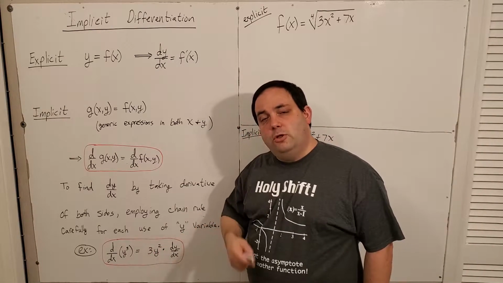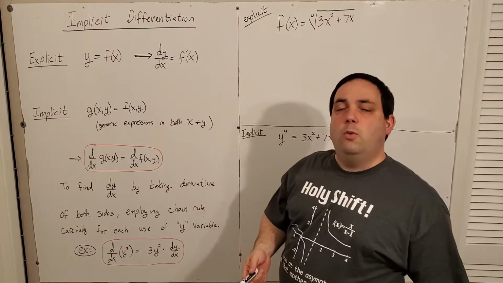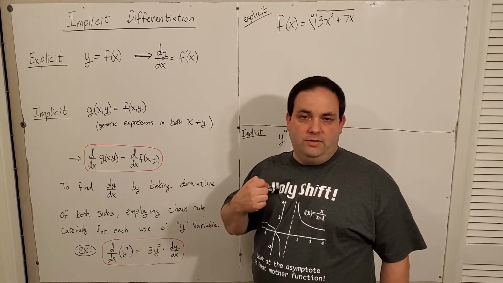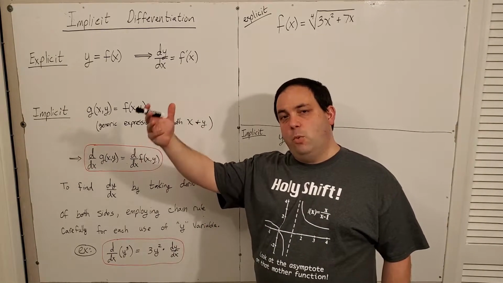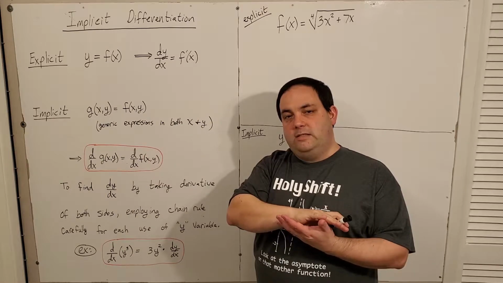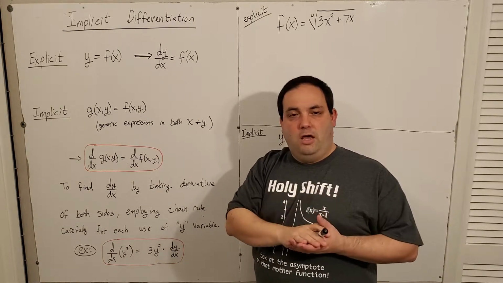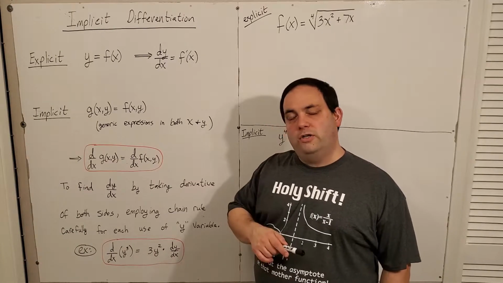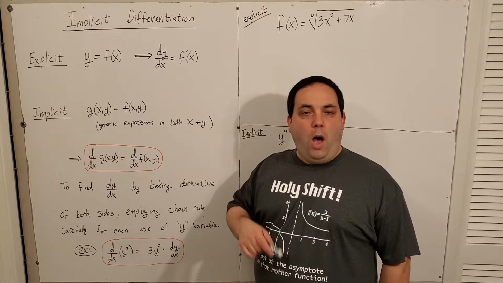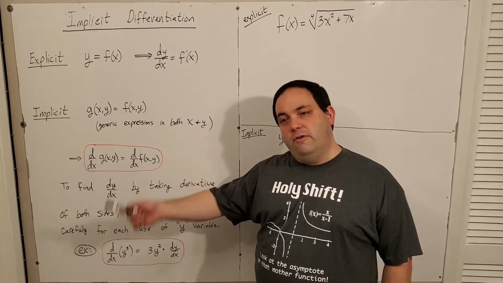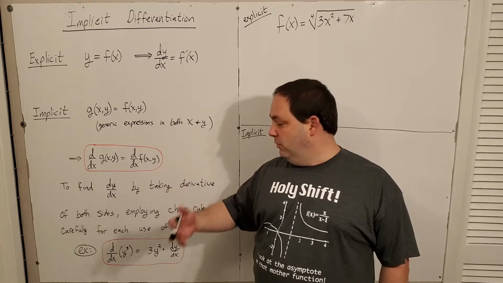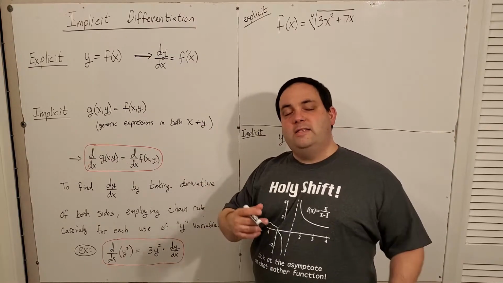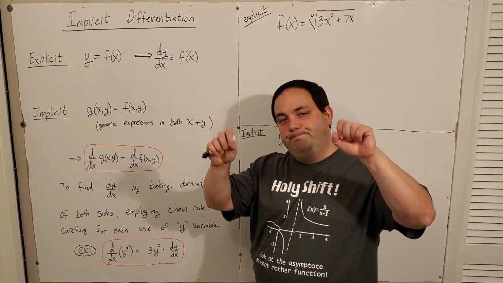The thing you have to look out for is the way that we treat the y variables when we're doing these derivatives, because before we didn't have the y variable in the mix with all the other stuff, so we didn't really have to think about this much. But according to our chain rule, y being a function of x, and I'm taking a derivative with respect to x, means that y is technically an inside function.